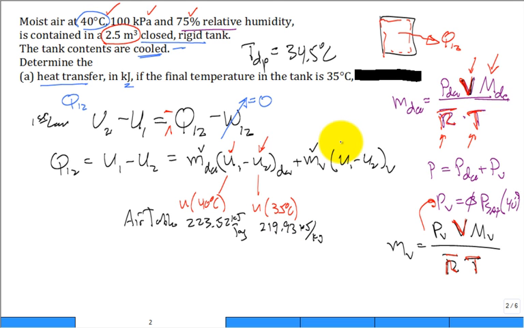What about the vapor? How do I get U1 of the vapor? Use U sub G at that temperature of 40 degrees C. And how about U2? Use U sub G at the temperature 35 degrees C. And what table do they come out of?